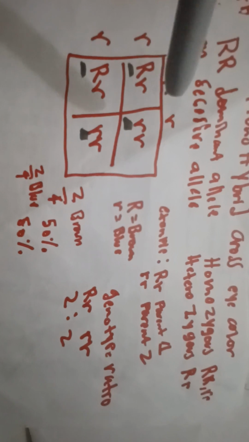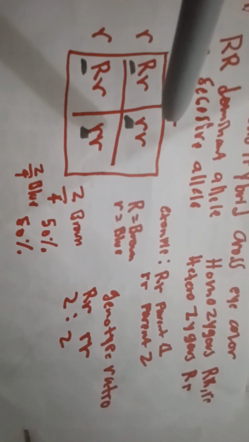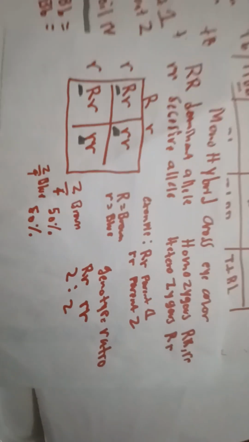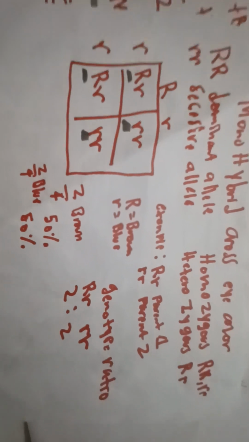In this case, they are not a dominant allele, so you gotta follow the pattern. So r, lowercase r, and lowercase r. In this case, there is a dominant allele, so you gotta put it first, and it gives you big R and little r. In the fourth box, there's no dominant allele, so you gotta put the little r and little r.